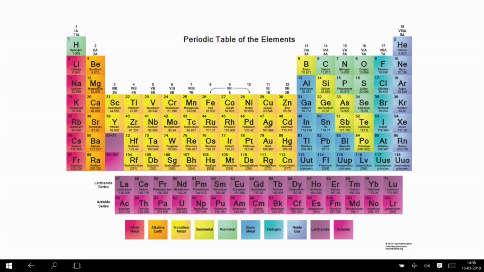Let us look at the periodic table and see which elements are superconductors, which have this phenomenon of superconductivity, which is the vanishing of electrical resistance below a certain characteristic temperature, a characteristic of that particular system.